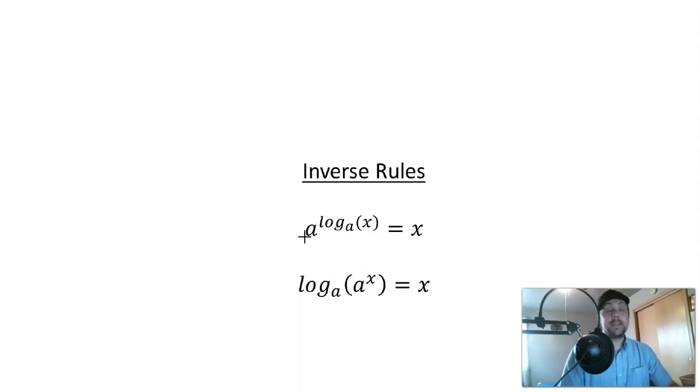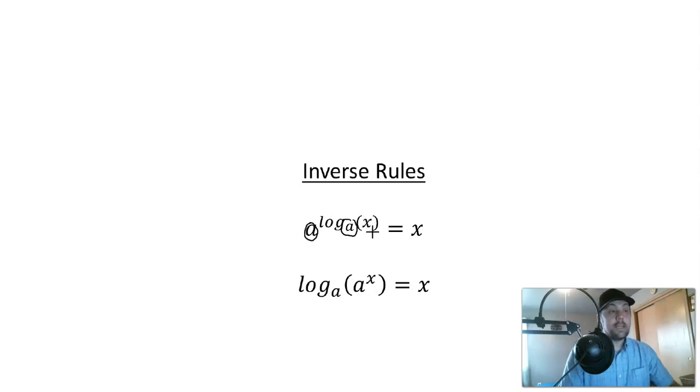But the way they have to interact in order for them to cancel out is a little bit weird. It's not like adding and subtracting, unfortunately. So for a logarithm to cancel out with an exponent, the logarithm has to be in the exponent of the exponential expression. So here we have a raised to the power of log base a of x. And what's important here is that the bases have to be the same for both of them, right?